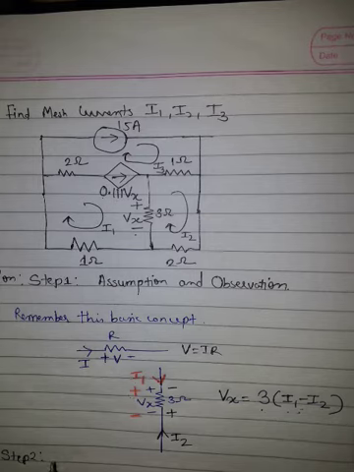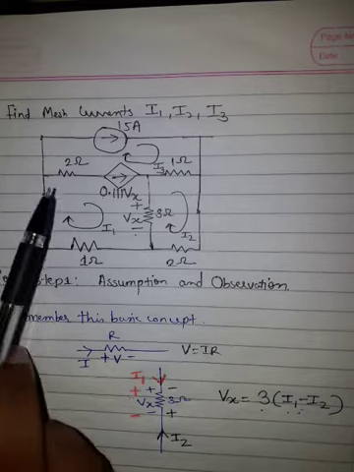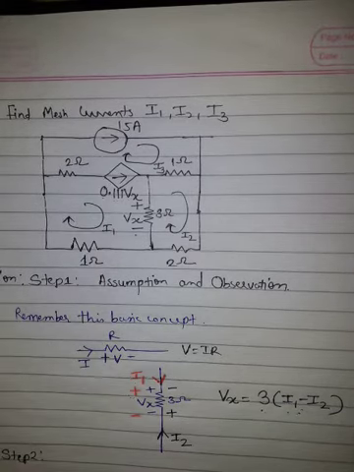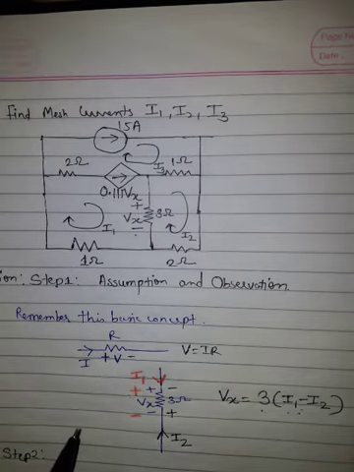As we know, we have to write equations for the two current sources. There are two current sources, 0.111 Vx and 15 ampere.